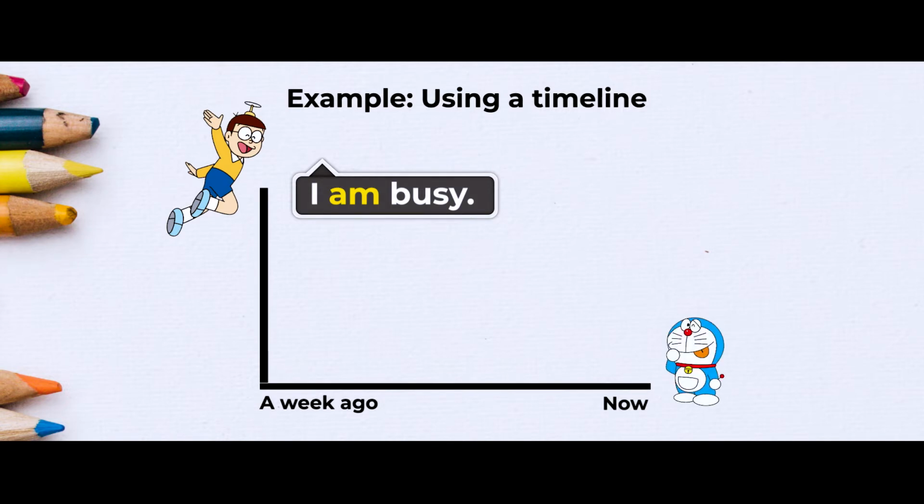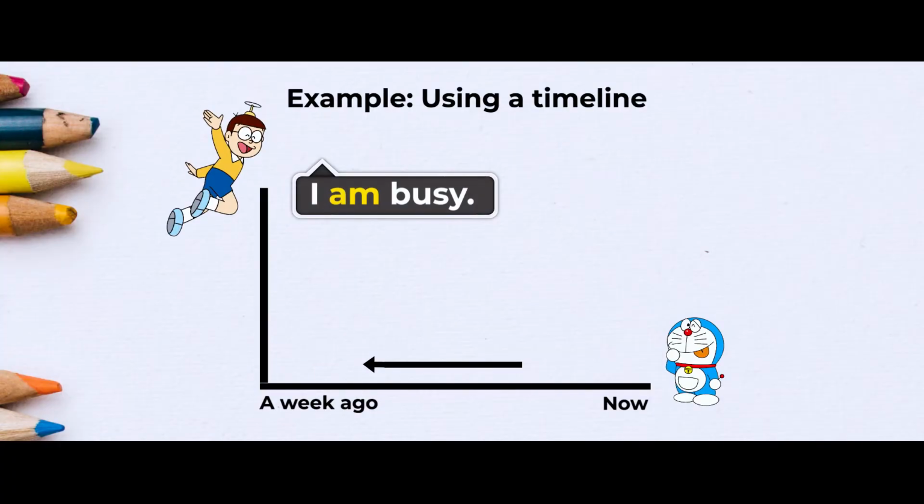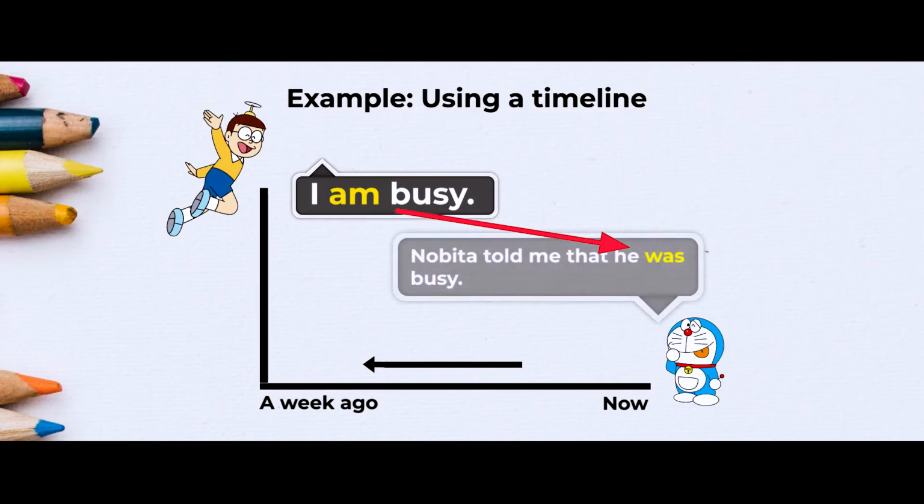Now, if Doraemon wants to report the same speech at the present moment, from Doraemon's point of view, Nobita said describes a situation that happened in the past. Therefore, "I am busy," the word am is changed to was, since the statement was spoken in the past. So, Doraemon would report the speech as, Nobita told me that he was busy.